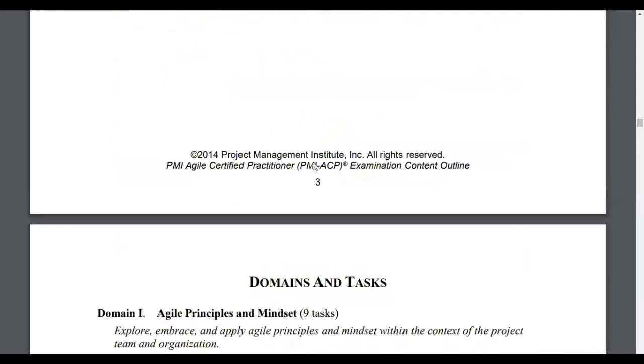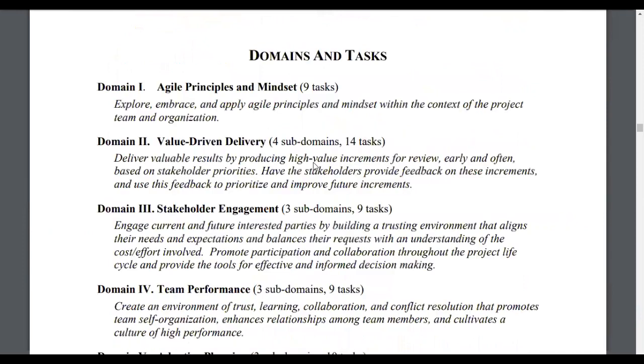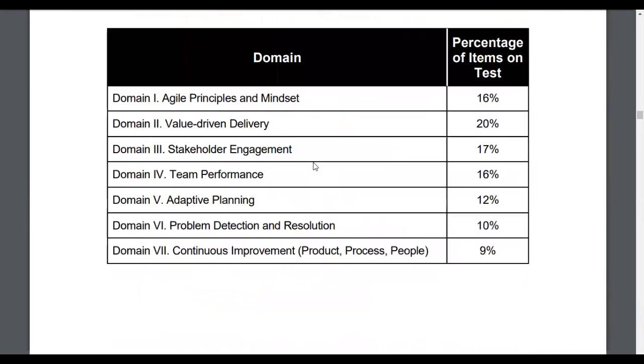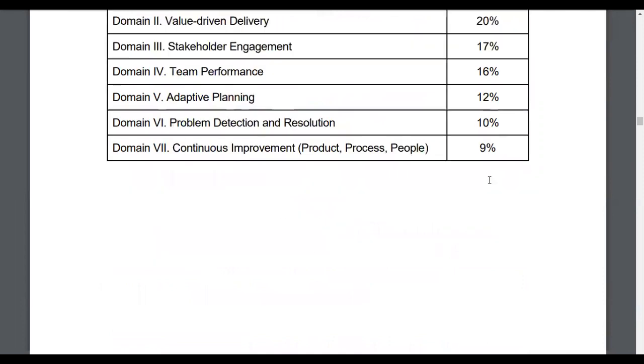But we can see at a high level, if we go back to the first table, where the majority of the marks come from are the areas of value-driven delivery, followed by stakeholder engagement, and then agile principles and mindset, and team performance. Those are the heaviest areas of concentration.